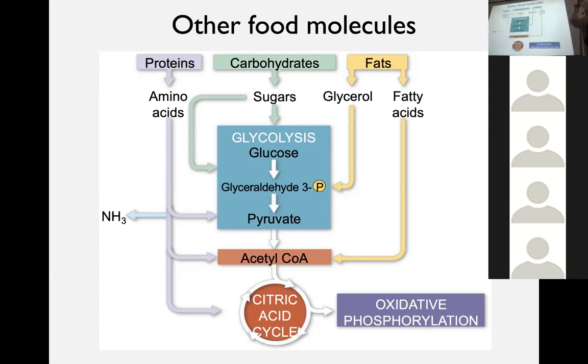I just think that's an important point to mention. You don't need to know details about when they come in or what they turn into. Just know that yes, we break down fats and we break down proteins as well, all through cellular respiration. They just skip some steps and come in a little bit later, but we can make ATP if we're breaking down fats and proteins as well.